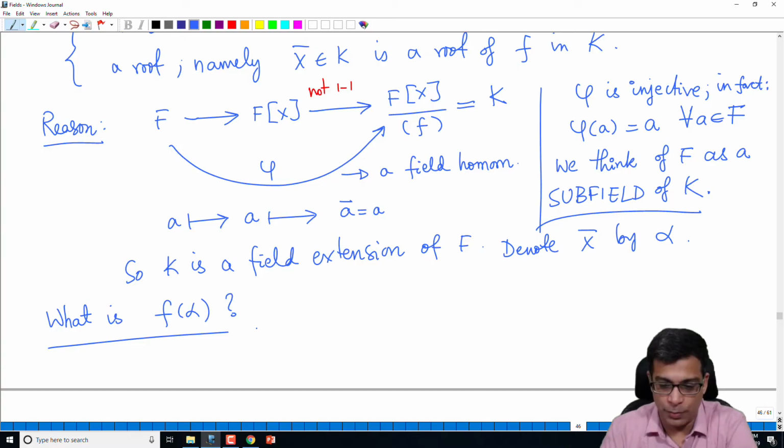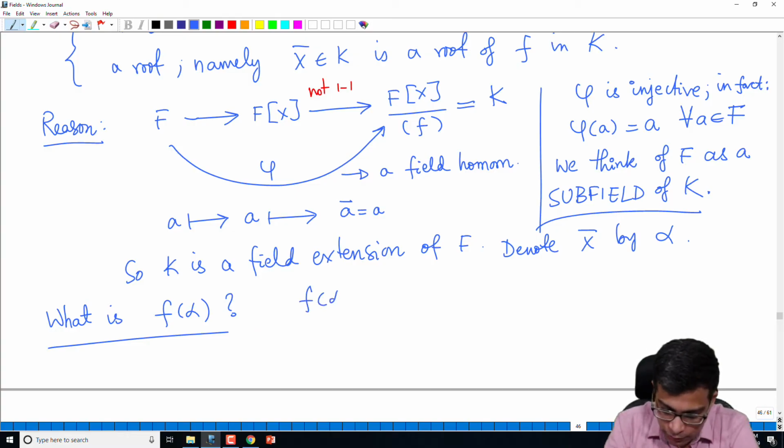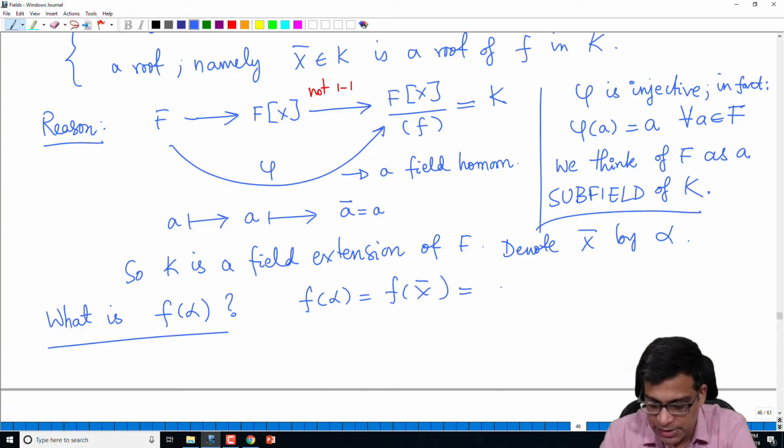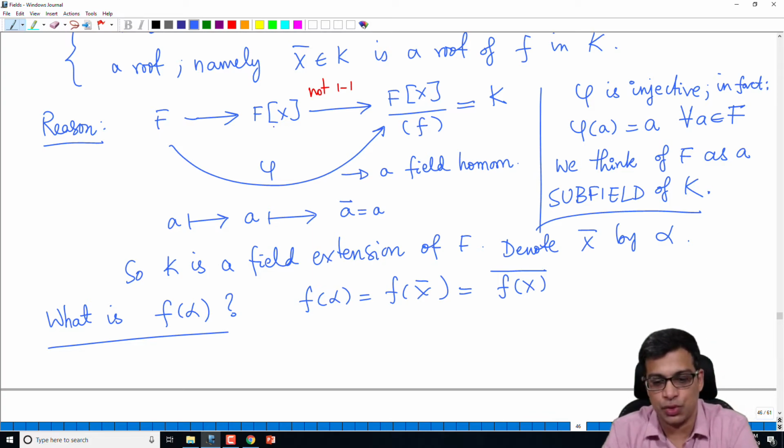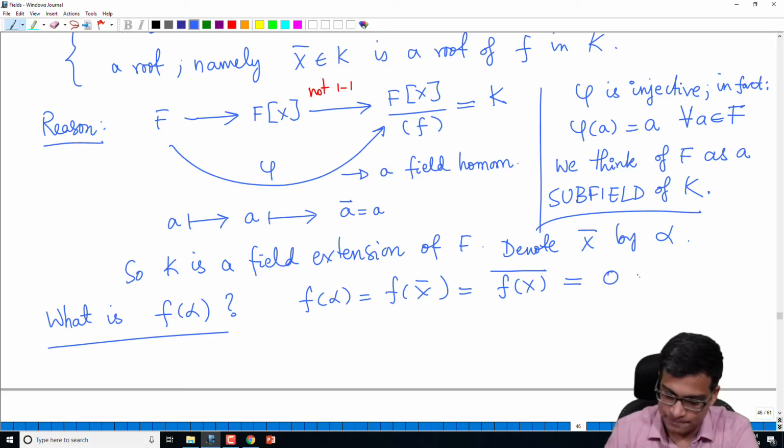I claim f of alpha is 0 because f of alpha is equal to f of x bar, but then this is the same as f of x whole bar, because the second map takes a polynomial and sends it to its residue, which is simply replacing x by x bar, but f(x) bar is 0. Okay, so this is extremely important. This is a very important observation.